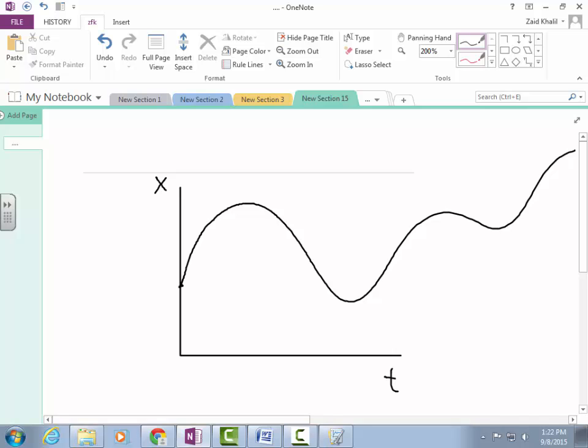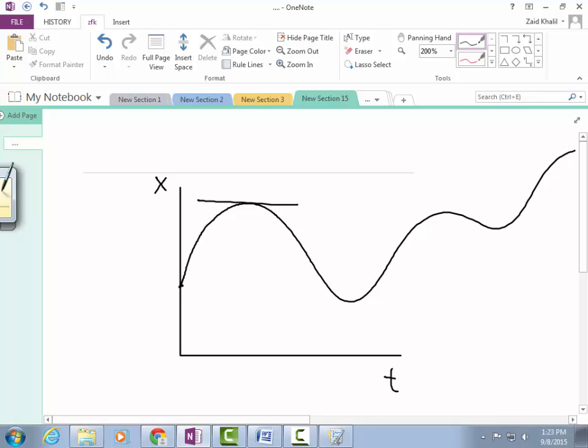Correct. In other words, where is it going to be 0? At what points? You can just point it out. That's right, at the maxes and mins. So the instantaneous velocity is going to be 0 at what are called the relative extrema.